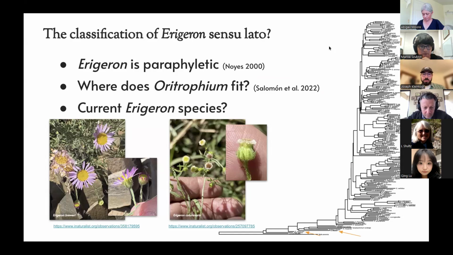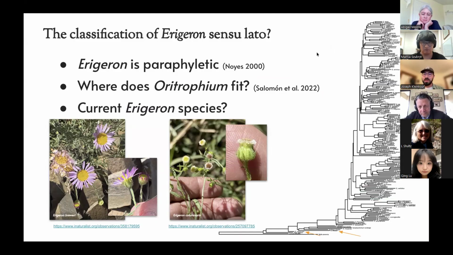There are a couple of taxa that we included that are currently called Erigeron breweri and Erigeron columnaris that actually come out with the outgroup taxa. Erigeron breweri looks like an Erigeron to me, so I'm not really sure how or why that would be coming out as an outgroup taxon. I looked at the specimen itself, and it looked like an Erigeron breweri.